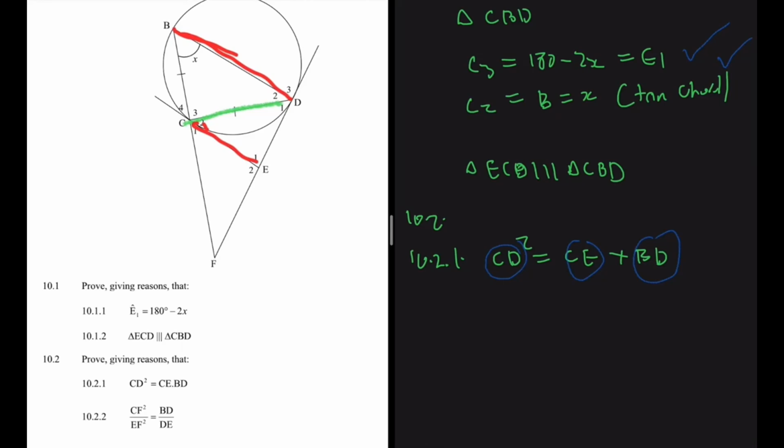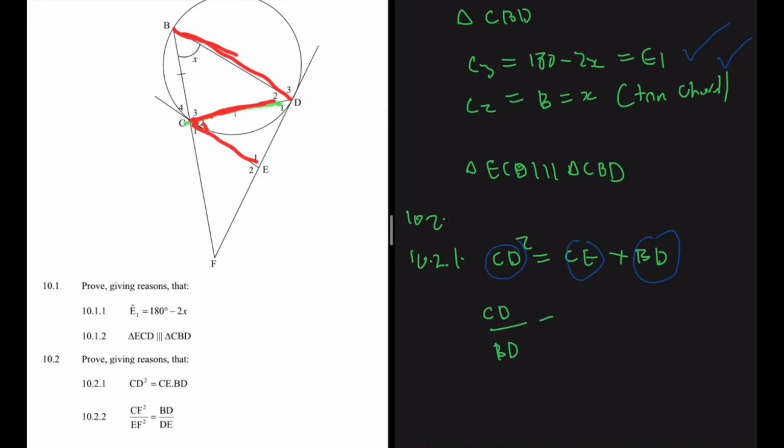So let's start with CD. We can say that CD divided by something. CD is the smallest side of triangle CBD, so let's say CD divided by BD, the biggest side of triangle CBD.